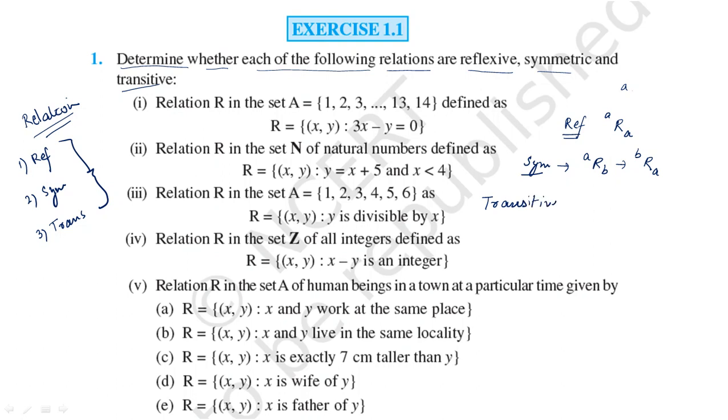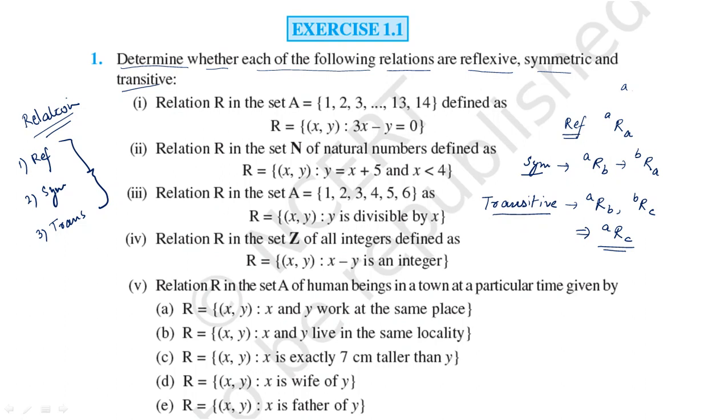If I am talking about transitive, if A is in relation to B and B in relation to C, then A should be in relation to C.